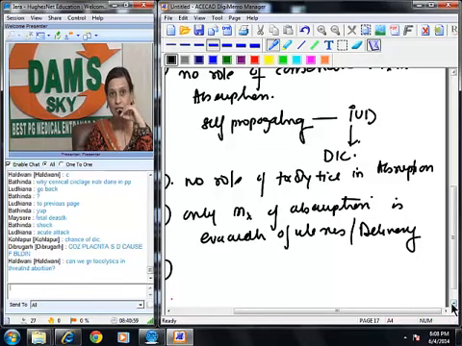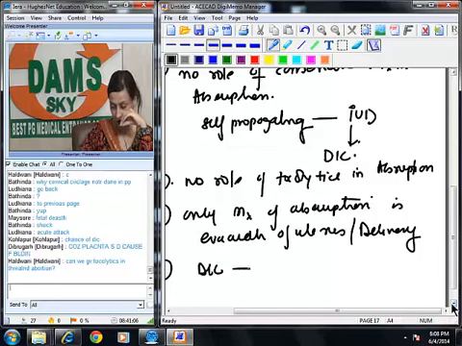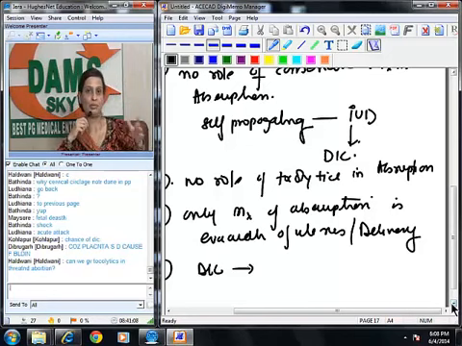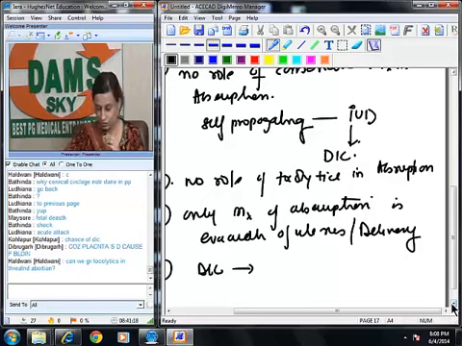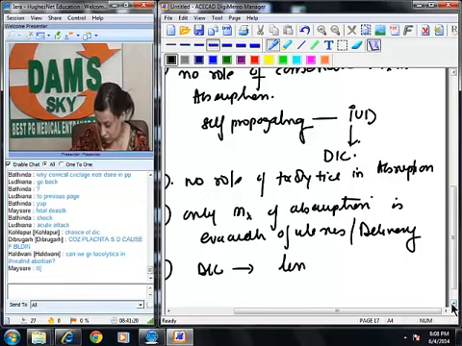The next point is, how do we know what is the risk of DIC? If there are two patients of abruption with me, how can I predict which of these two will go into DIC and which will not?